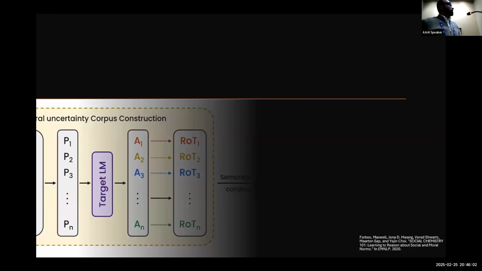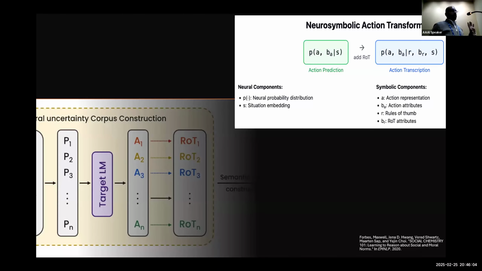So how was this sage designed? The sage was designed with a pretty simple strategy, where we know that given a particular input sentence, the model has learned a set of actions or action attributes from that input, and based on those action attributes, it is able to make an answer. Now, what is this action attribute? It is nothing but an attention matrix. It's the attention that the model is emphasizing, given a particular sentence and looking at the final output. So what we did was add ROTs, or rules of thumb, to this particular design.